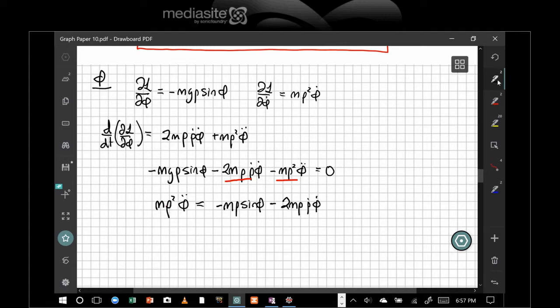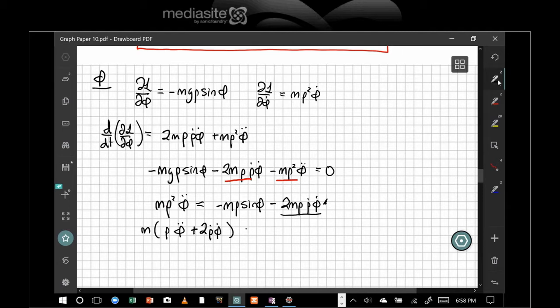Okay. So now what I'm going to do is divide by rho, because there's a rho everywhere. Then I'm going to take this term here and bring it on the right-hand side and factor out an m. I'm going to get m times rho, just rho because I divided by rho, phi double dot, plus 2 rho dot phi dot.